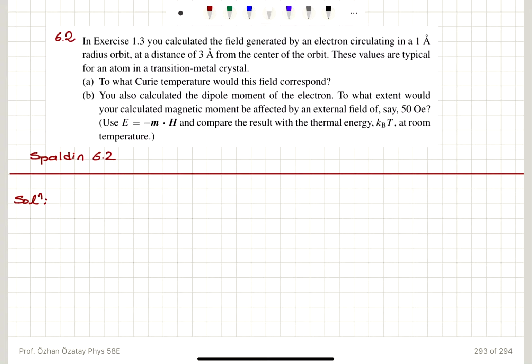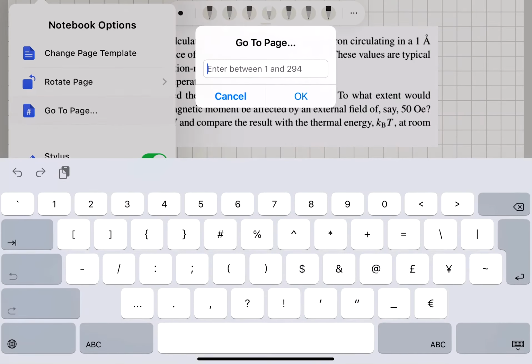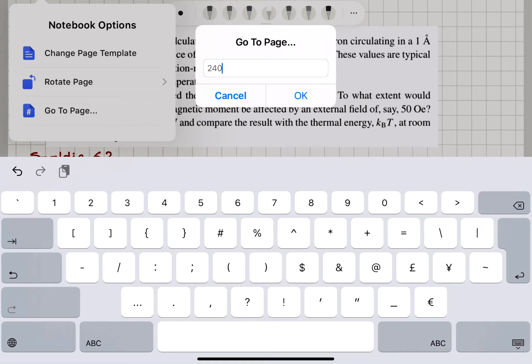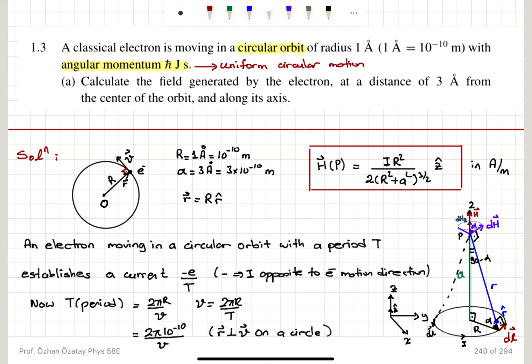Okay, so first of all, let's go to problem 1.3, where we have calculated the field of an electron that is orbiting with a radius of 1 angstrom and at a distance of 3 angstroms from the center of the orbit.